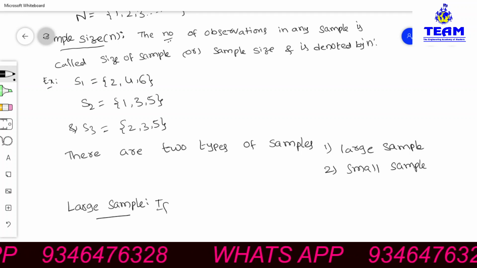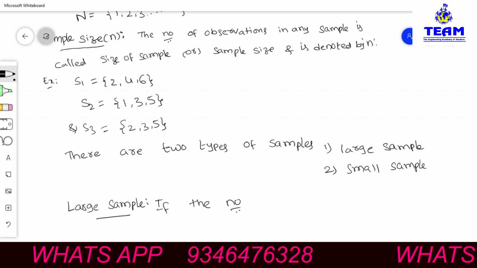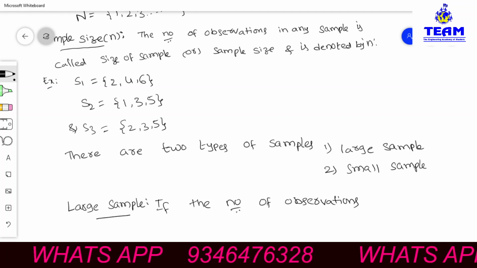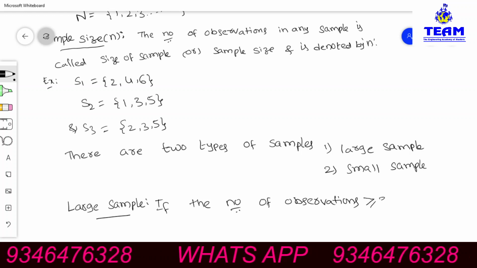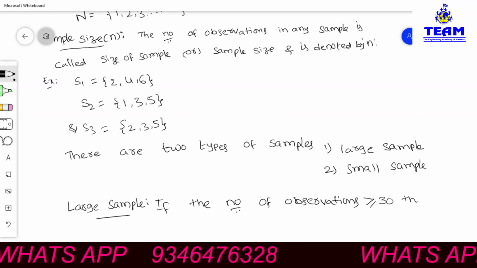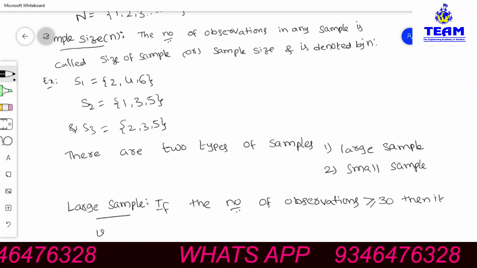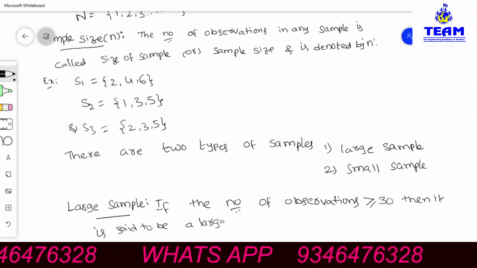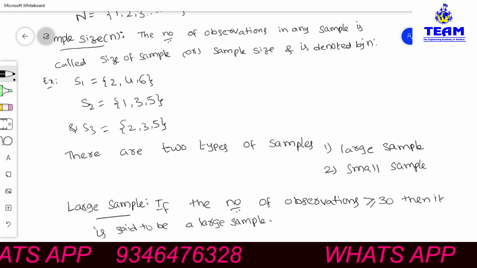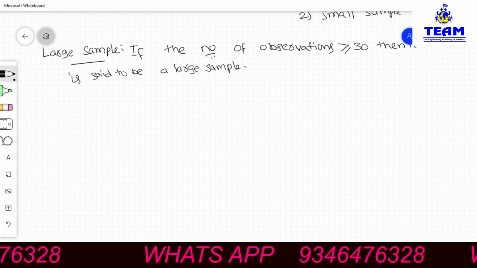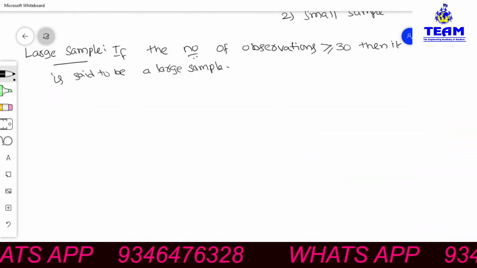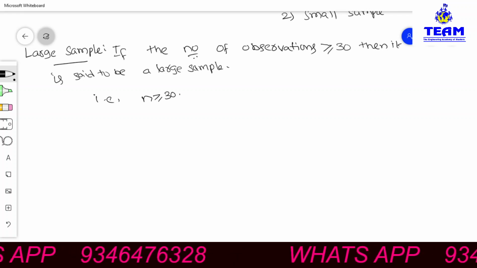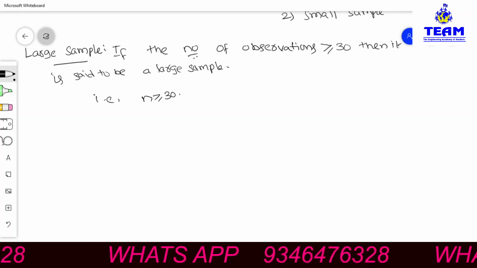Whereas a small sample can be defined as n less than 30.